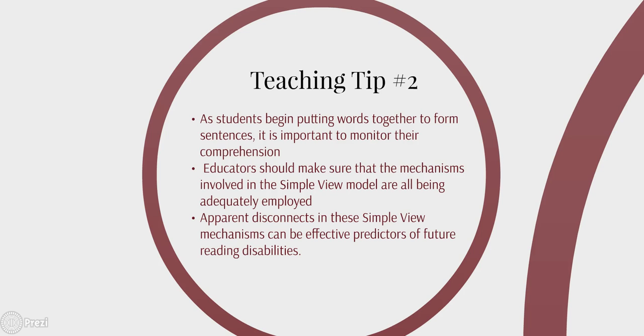Or let's say students are reading the word cat and they understand what that means, or maybe they can decode the cat sat down, but they don't actually understand what that means and they're not comprehending that entire sentence. That's definitely an indicator that there might be a learning disability there.